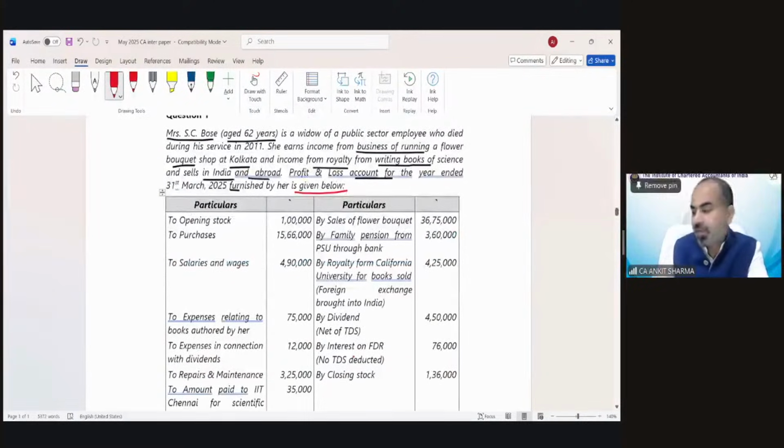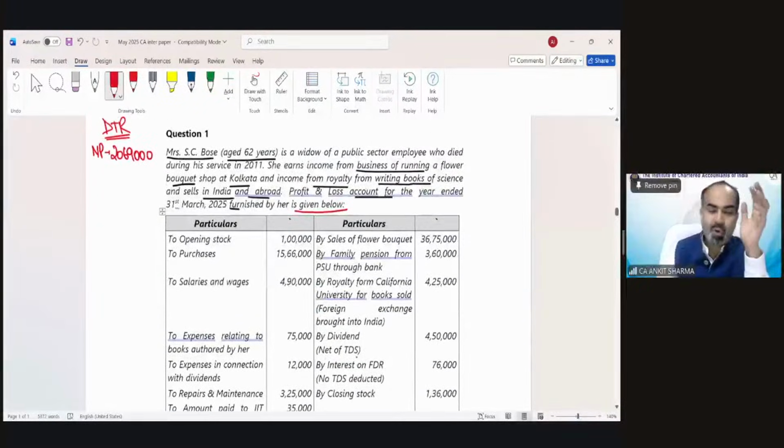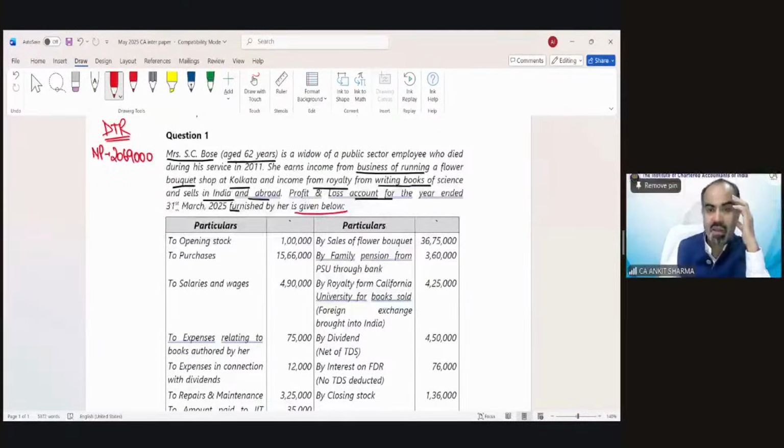So profit has been given. Now we'll move on to the credit side first. You always need to solve the credit side first because there are fewer and easier provisions. Then the debit side, and then the additional information. This is the correct way of solving the question.